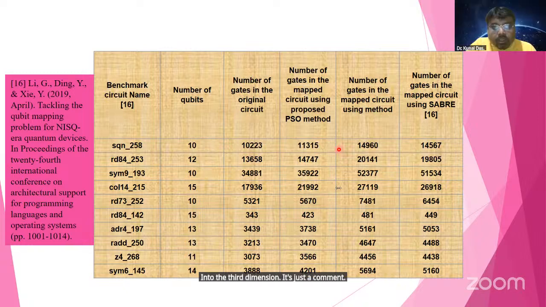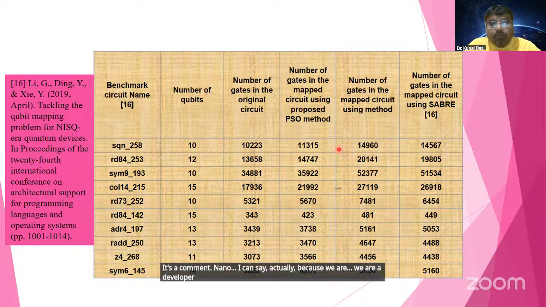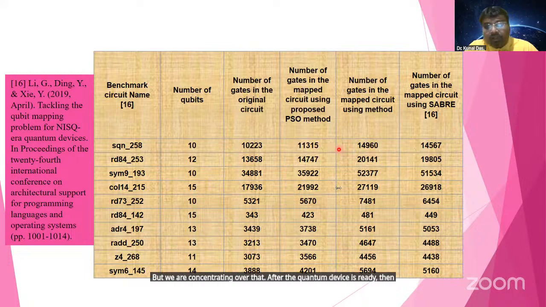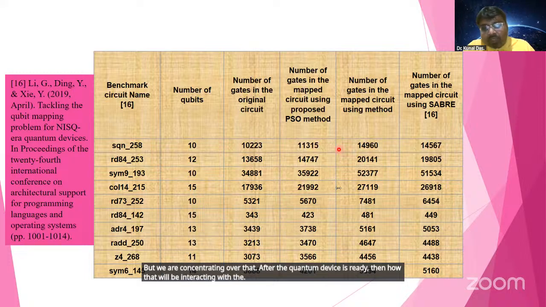It's a comment. Nano, I can say, because we are developers, on the software development part. The physical qubits, whatever you are designing, that is different engineering: quantum engineers do it with chemists, and physicists and mathematicians do the quantum device design. But we are concentrating on what happens after the quantum device is ready, how it will interact with our application programs.